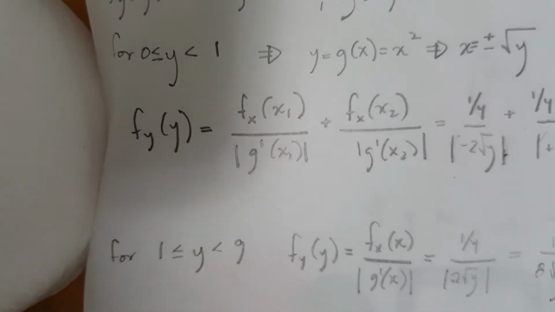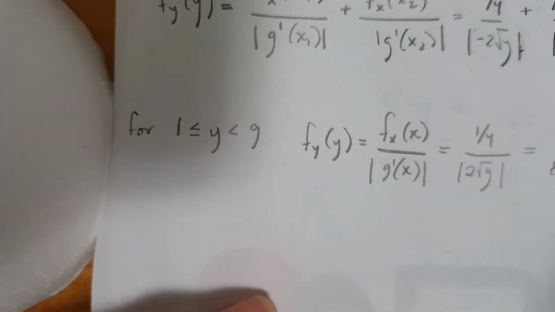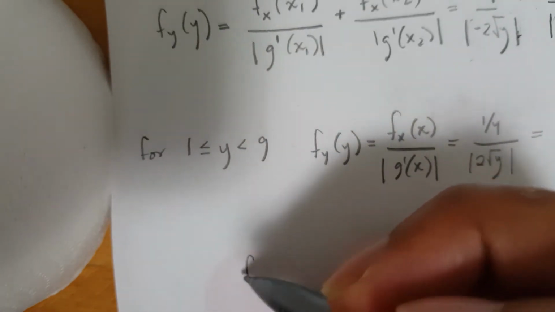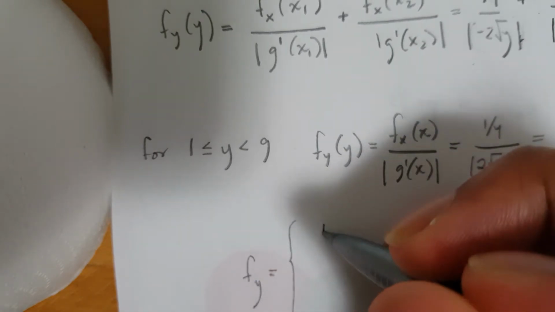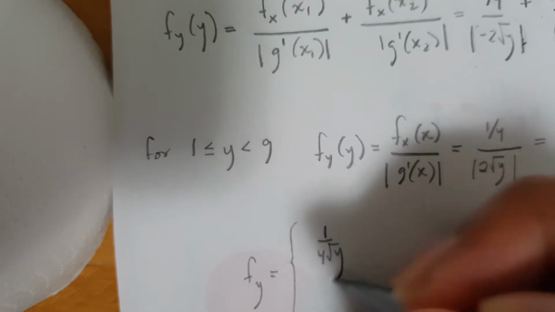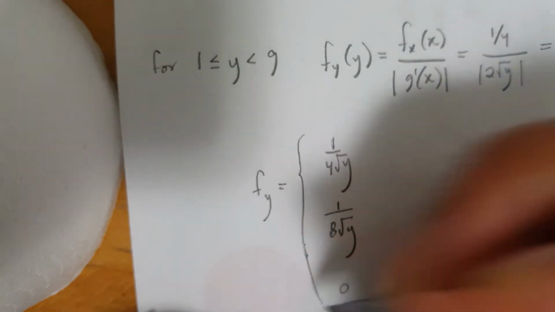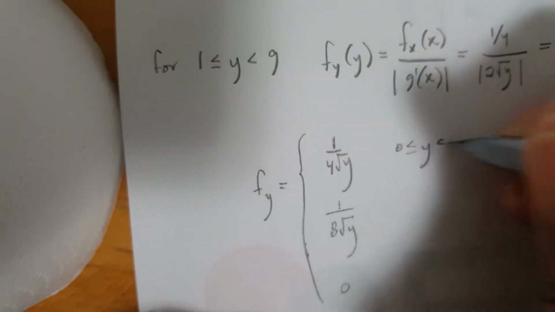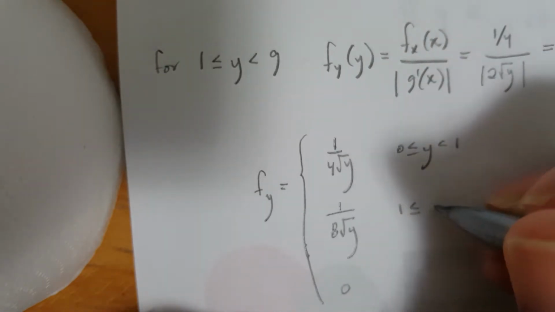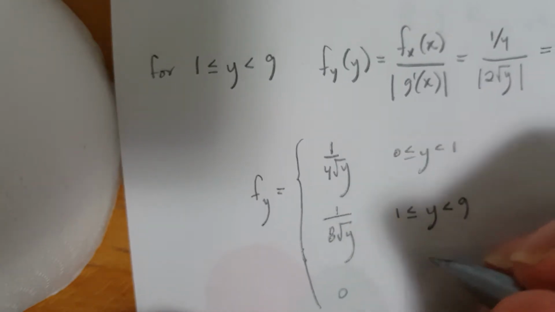So this all translates to f of y equal to 1/4 square root of y for y between 0 and 1, 1/8 square root of y for y between 1 and 9, and 0 otherwise.